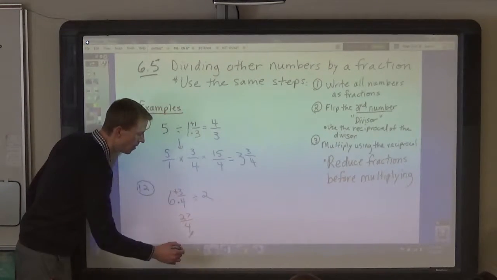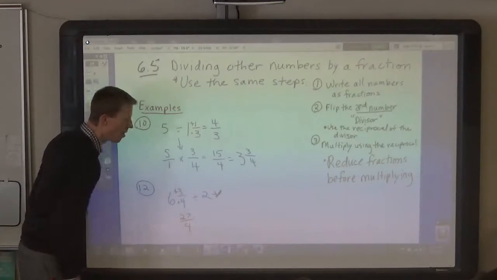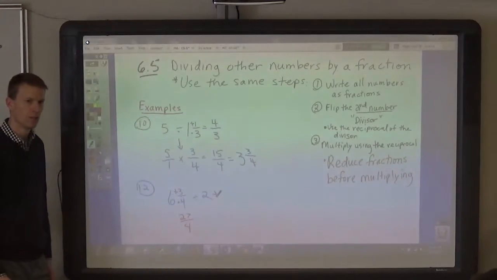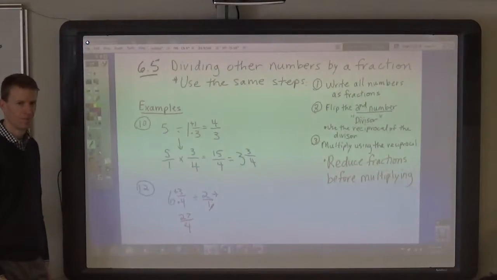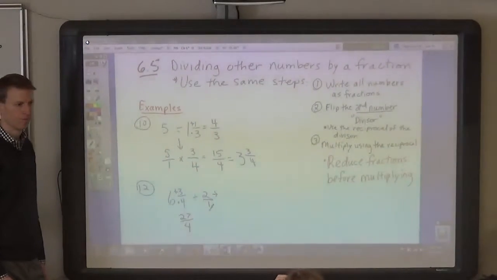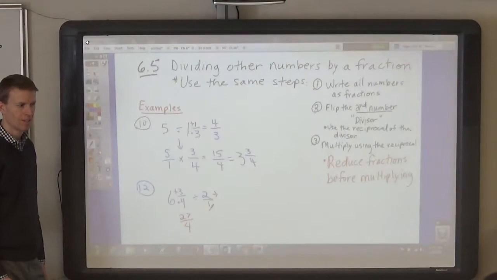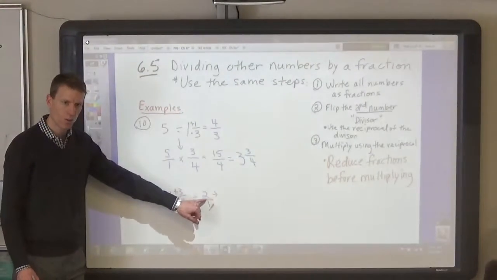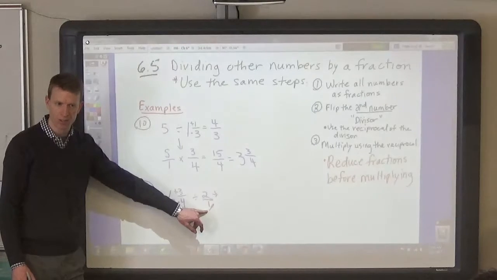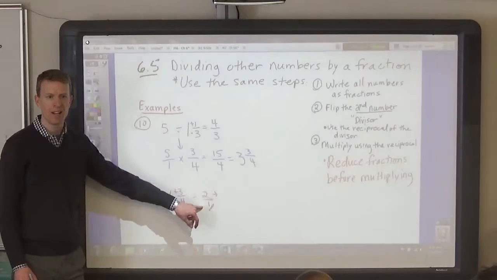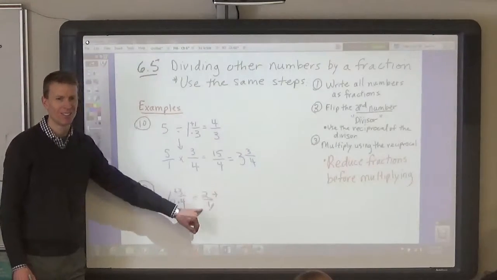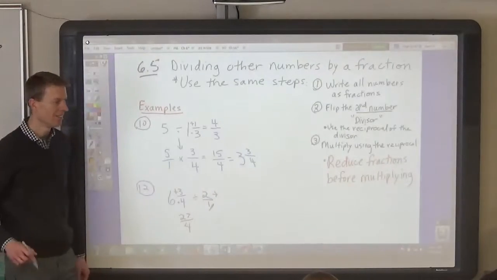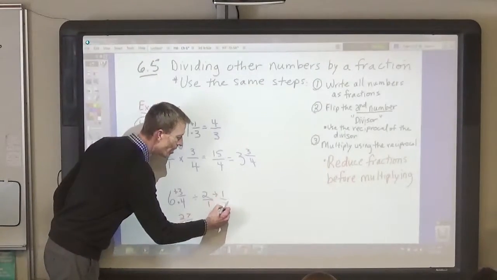What is the reciprocal of 2? 2 over 1 is the whole number as a fraction. What's its reciprocal? So Katie. 1 over 2. Which one should we use?